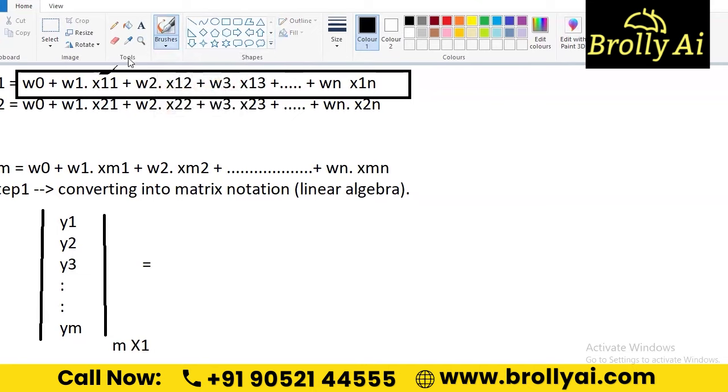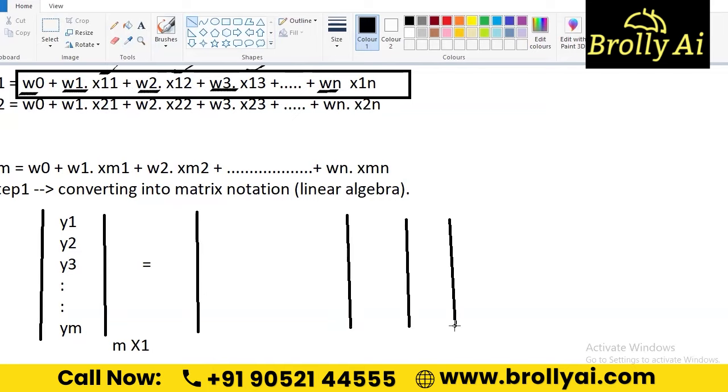If you look into this entire expression, what are the known values? You know age, height, weight, that means the input variable values. But what we don't know? We don't know W0, W1, W2, these weights. As per linear algebra technique, whatever you don't know, whatever you want to find out, first you need to extract them. That's why I'm forming them as two matrices.